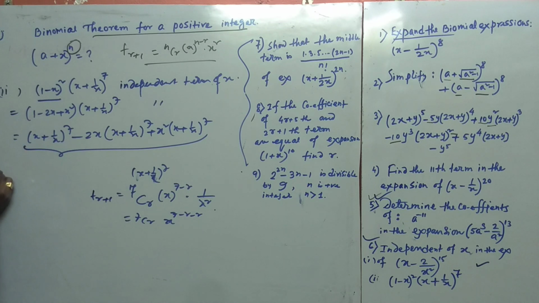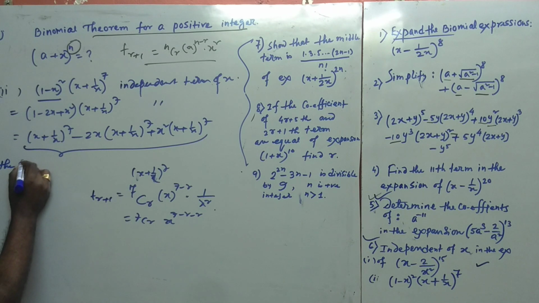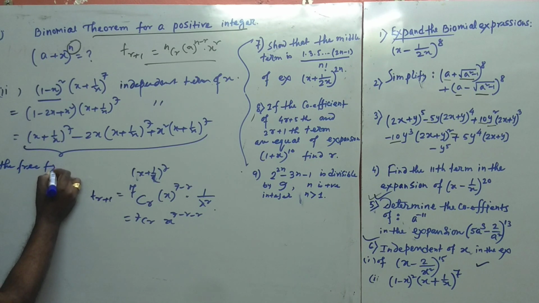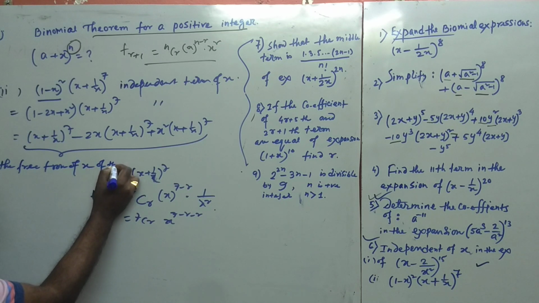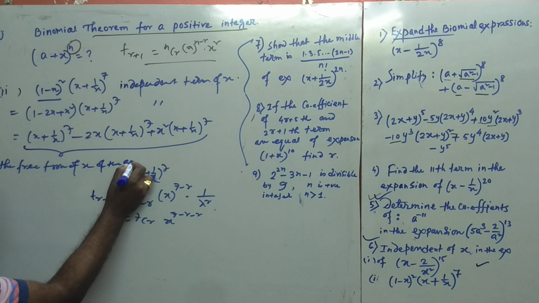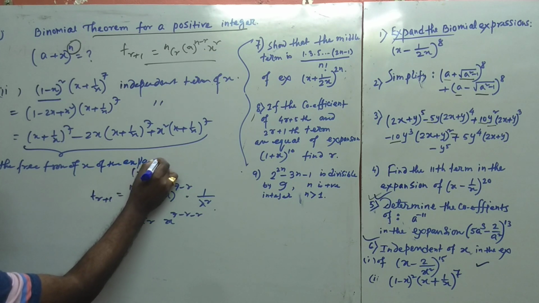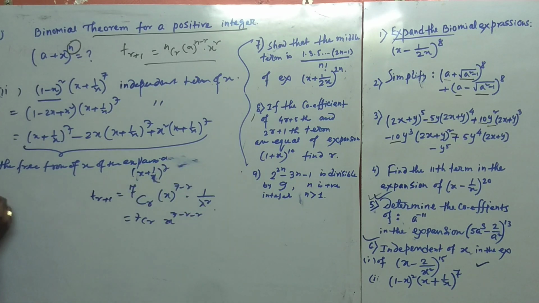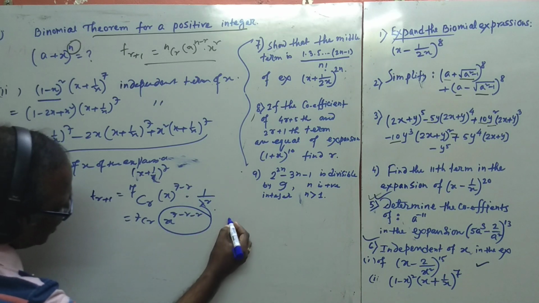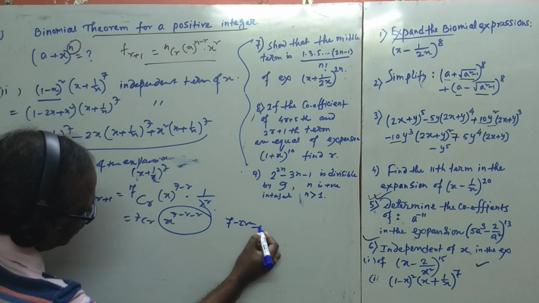Therefore the free from x of the given expansion is equal to, see here, the coefficient here is 1, and now for free from x, 7 minus 2r is equal to 0.